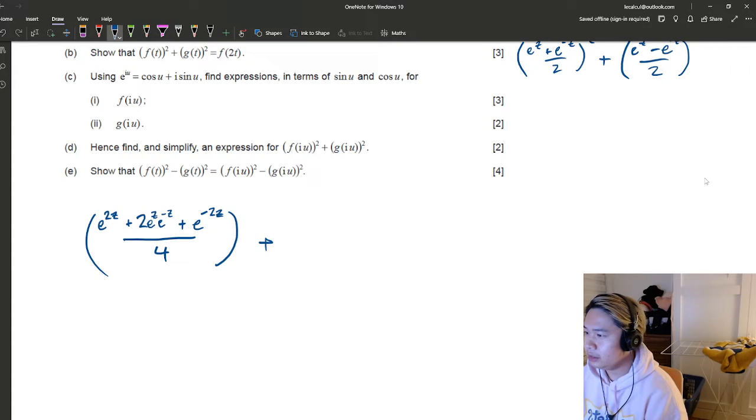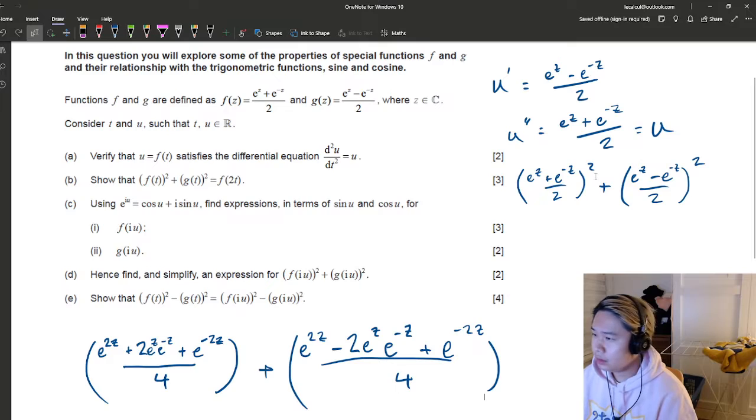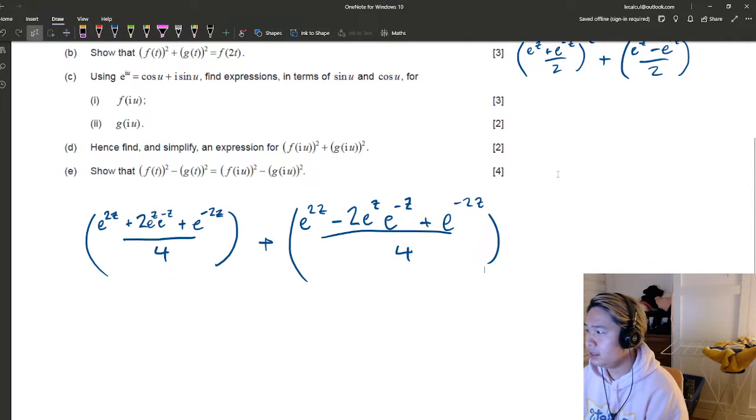Okay, add that to the exact same thing, but with some minuses in there. Anyways, these cancel out when you combine the like terms in the numerators.